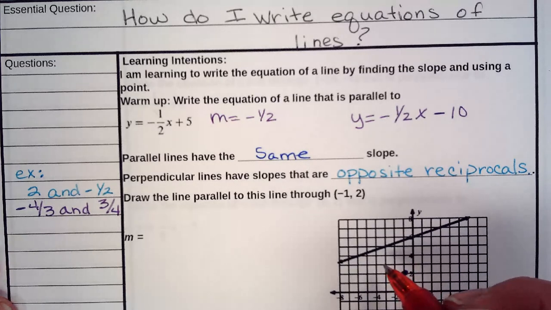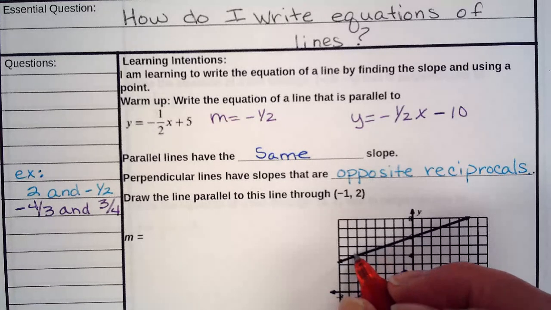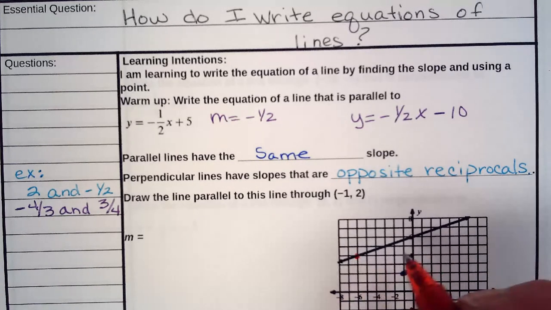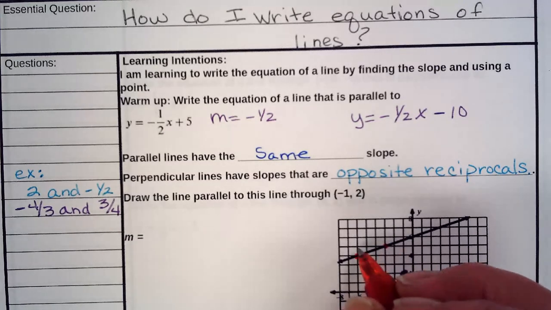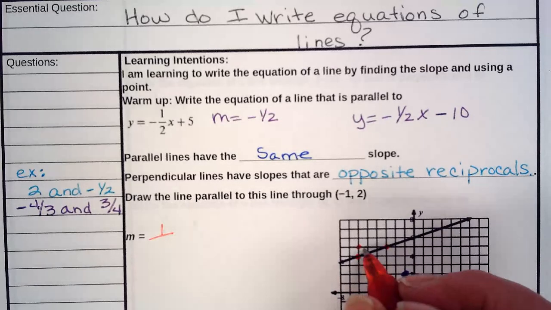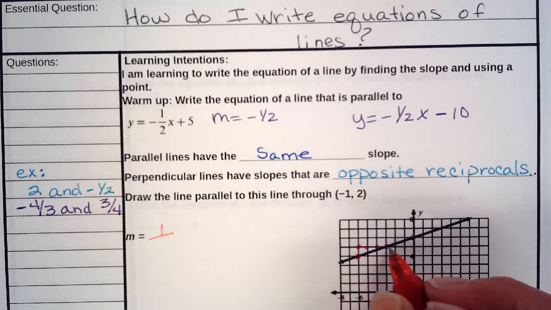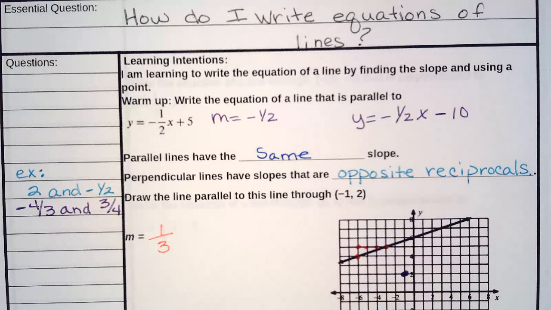So if I'm looking at the slope, I can see it goes through the corner of a box here, and it goes through the corner of a box up here. So I go up 1, and over 1, 2, 3. 1 over 3.